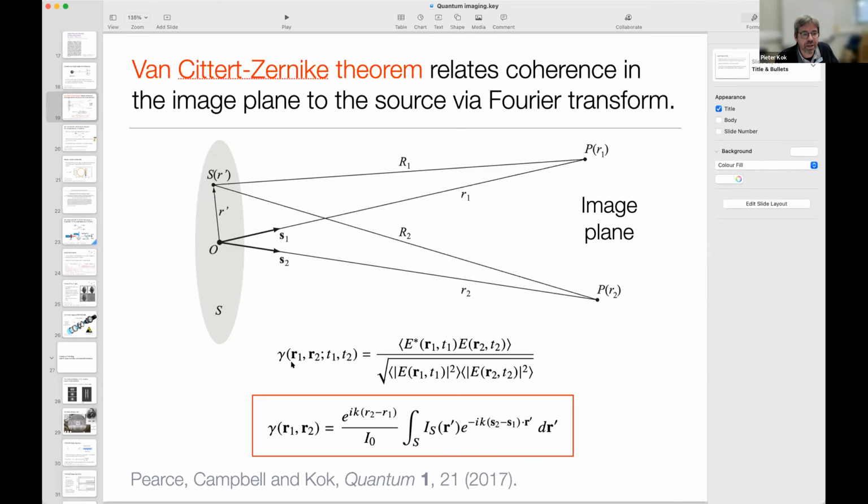This is the complex degree of coherence, and because this is the entire distribution, the entire source, the gamma at two points is basically a convolution, and it has information from everywhere in the source plane.